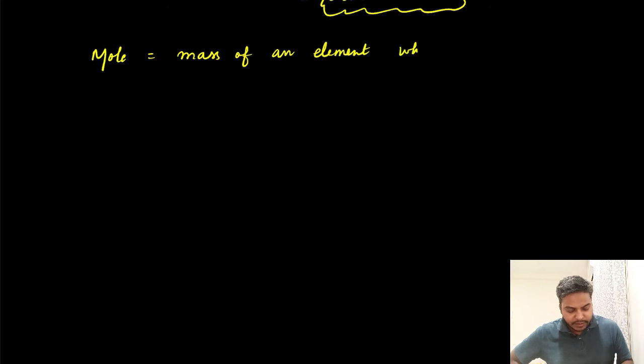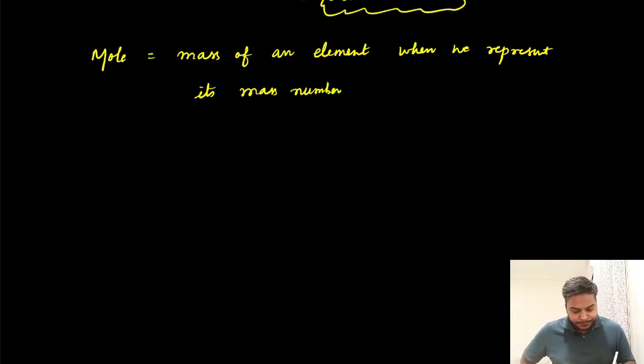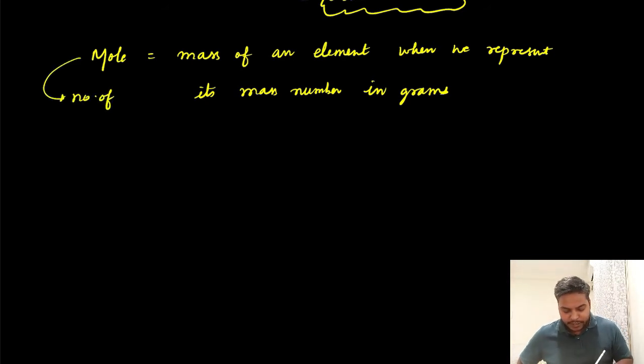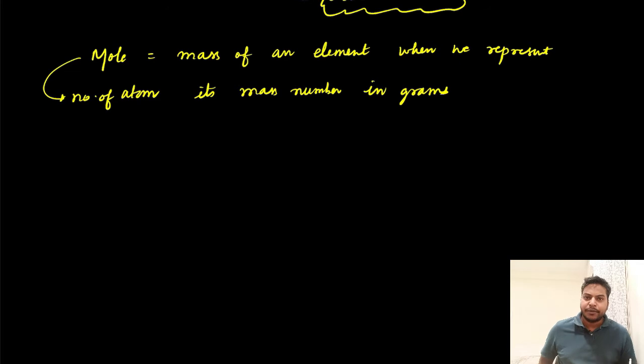So remember from here, students, a mole is nothing but the mass of an element when we represent its mass number in grams. So remember it this way. A mole is nothing but a number of atoms here. I'm taking the reference as the number of atoms. The number of atoms will correspond to the mass number when you represent that in grams.